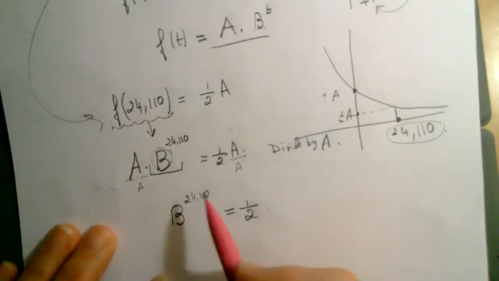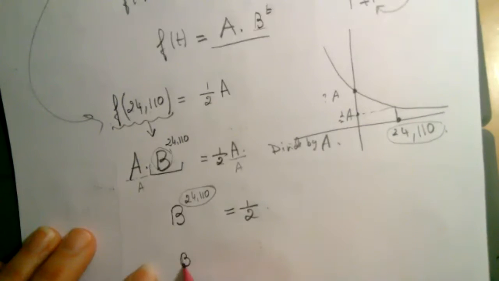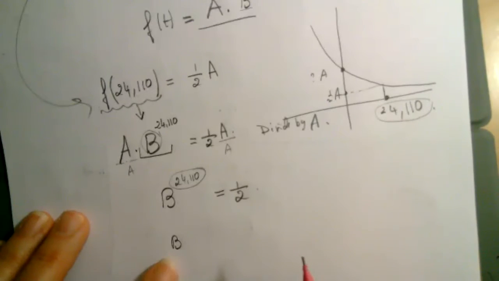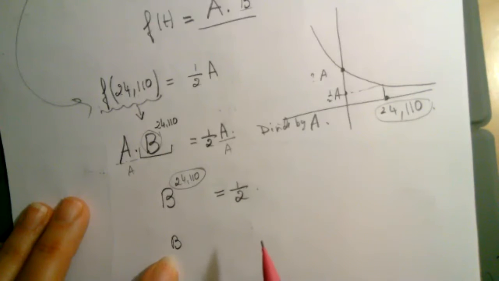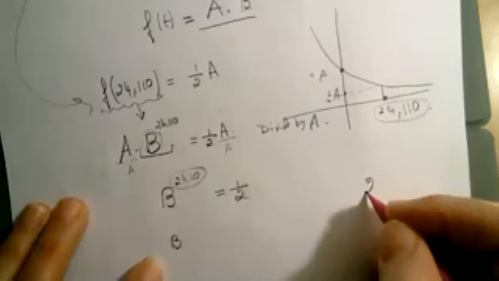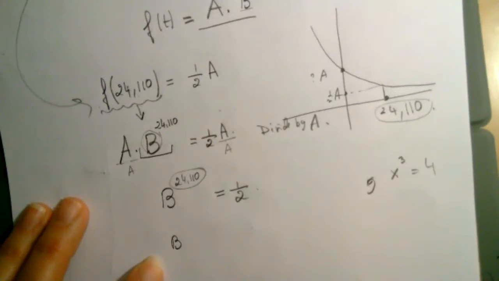We want to get rid of this power. Do you need ln? You don't really need ln in this problem. It's like if I ask you to solve x to the power 3 equal to 4, do you need ln?